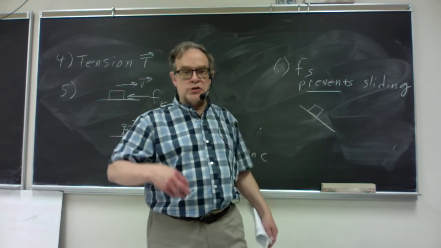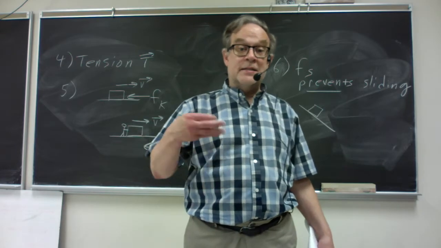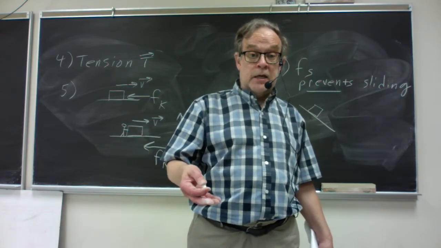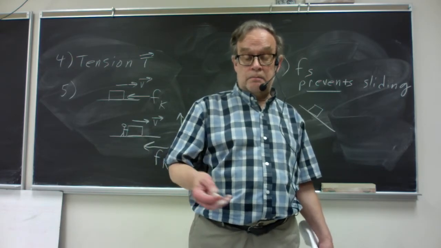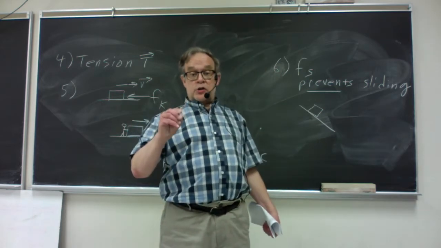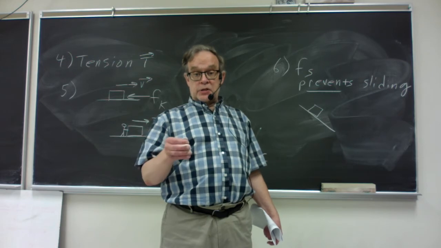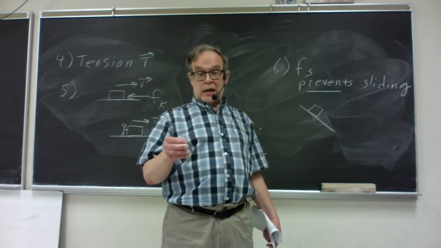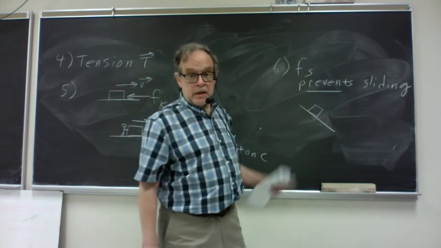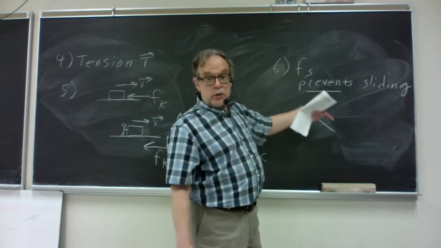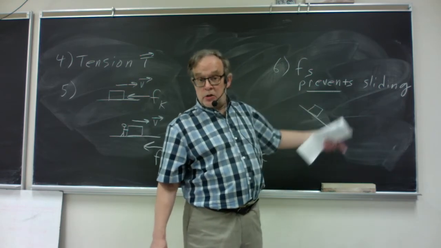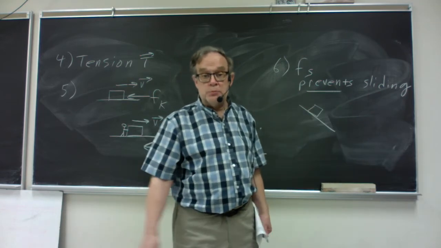Those adhesive forces are strong enough to keep the crate stuck and keep it from sliding down. Static friction force always points opposite to the direction of the sliding that it prevents. In this case, downhill sliding is being prevented, which means the static friction force is pointing uphill.